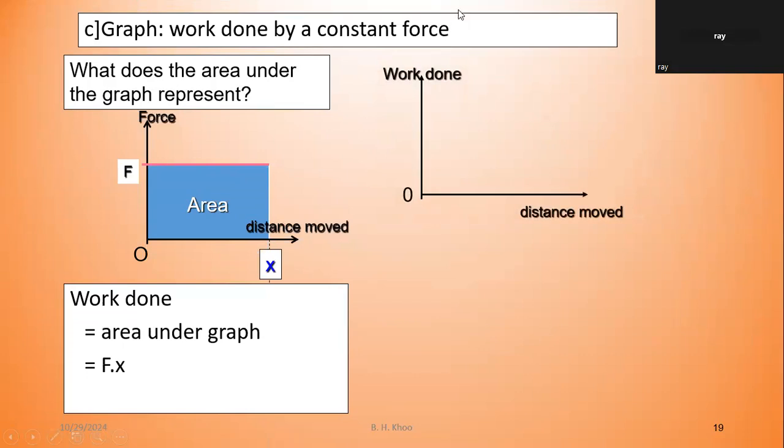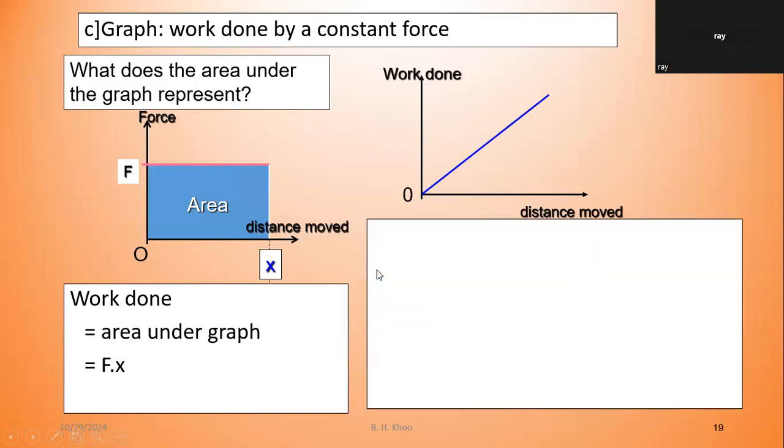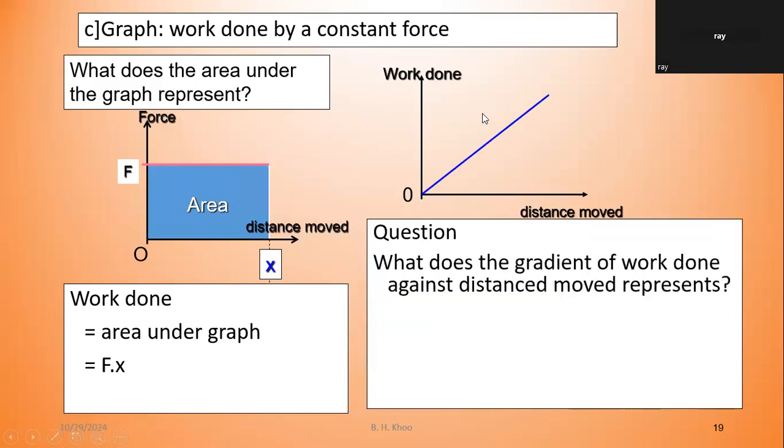Now we can also draw the work done against distance moved. So we can see that it is going to be a straight line. This is the equation, or we can rewrite the equation. Right? W equals Fx.